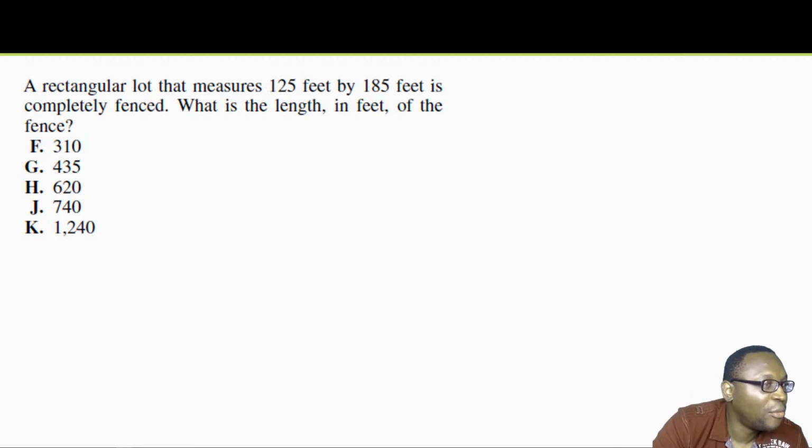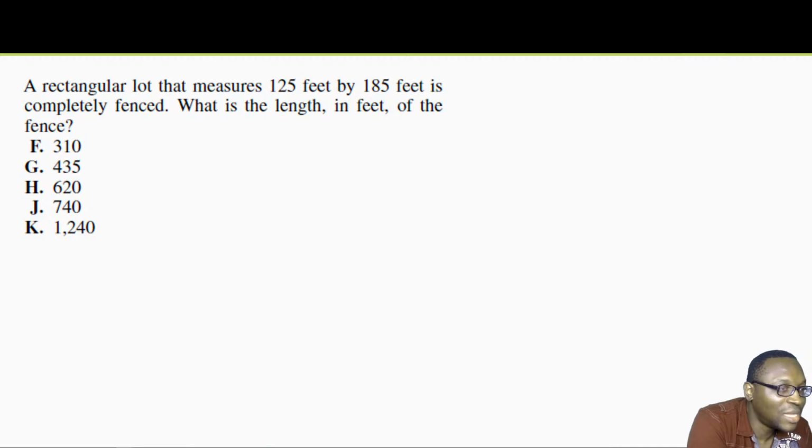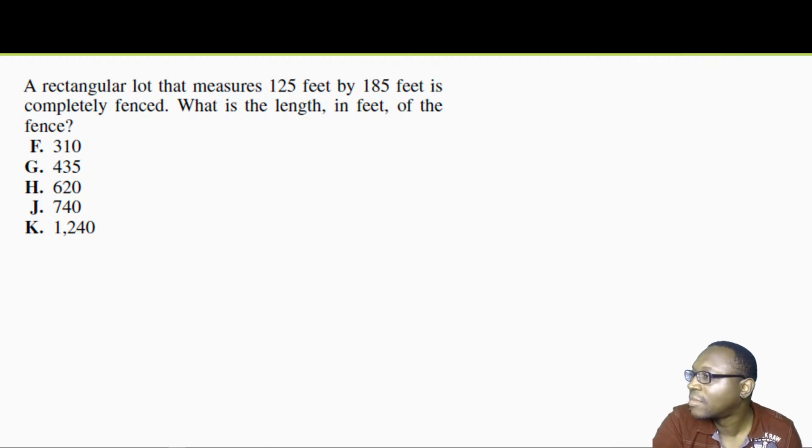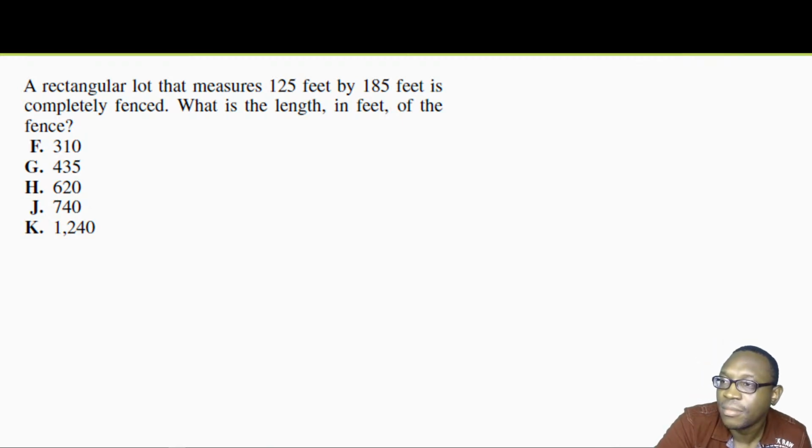We're looking for a rectangular lot that measures 125 feet by 185 feet, and that is completely fenced. What is the length in feet of the fence? I'll give you a few moments to try to answer this question, and then we'll do it together.